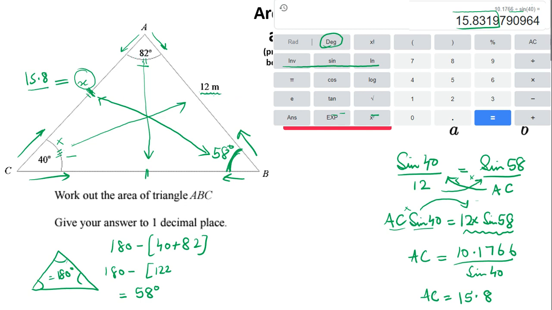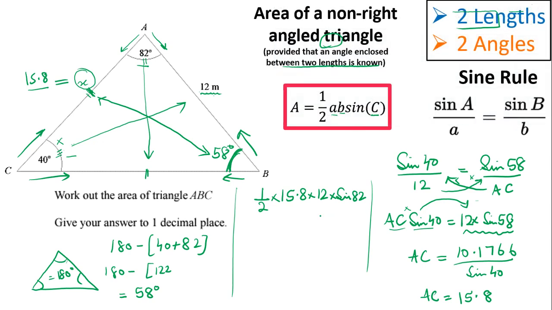Now that I have my 82 and I have my 15.8 and I have my 12, this is the angle that is enclosed between the two lengths A and B. So I'm just going to be doing my area formula, and when I do half times 15.8 times 12 times sine 82, I'm just going to be writing that down, and you just got to check that on your calculator.